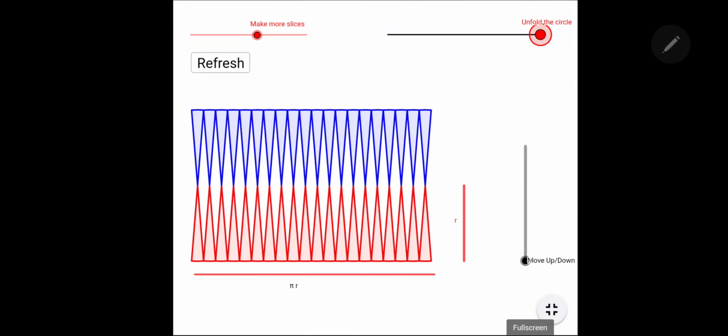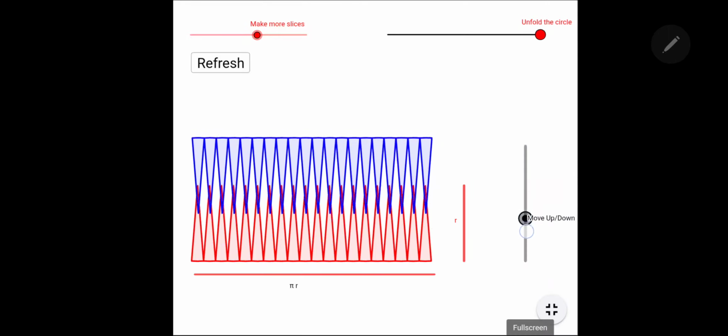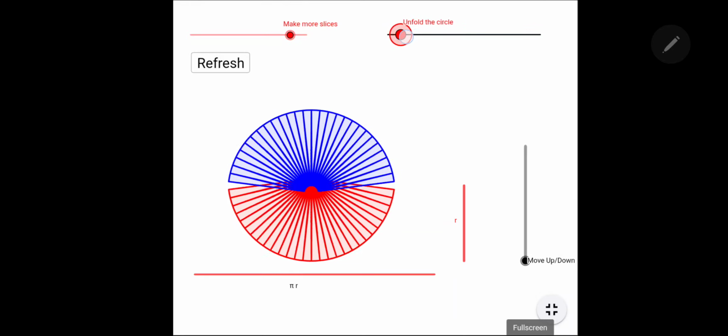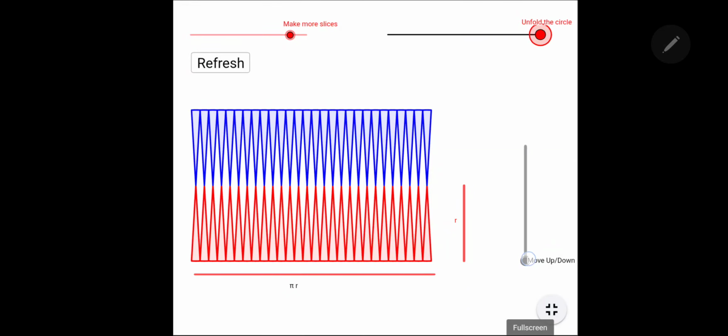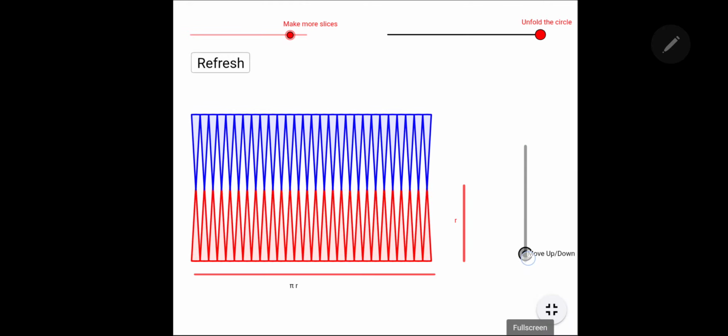Let's unfold it, put it back together. Look how close that's looking to a rectangle now. Let's do it again. Lots of cuts. This would be hard to do with pencil and paper, wouldn't it? Okay, it's looking really close to a rectangle now.